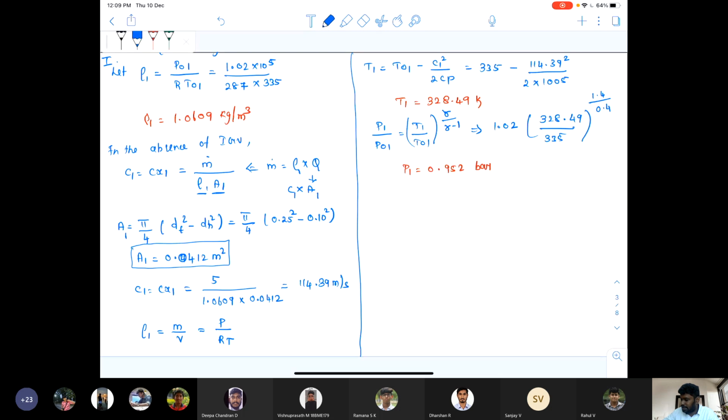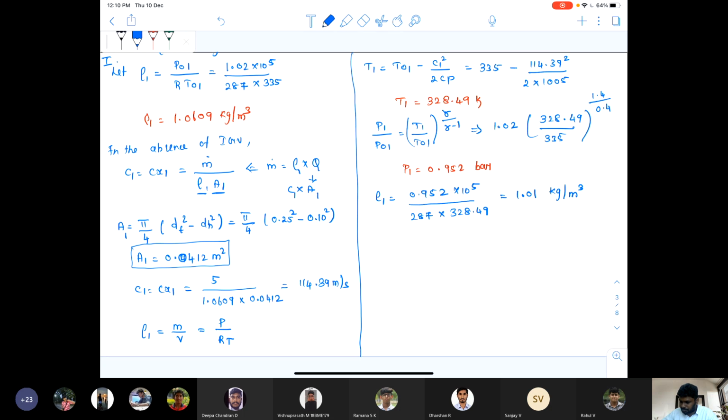That is, the density rho 1 will be equal to P1, which is 0.952 into 10 to the power of 5 Newton per meter square, divided by R, which is 287, into the temperature T1, which is 328.49, and on calculation you will be getting 1.01 kg per meter cube. This is the value you have arrived at by calculating.